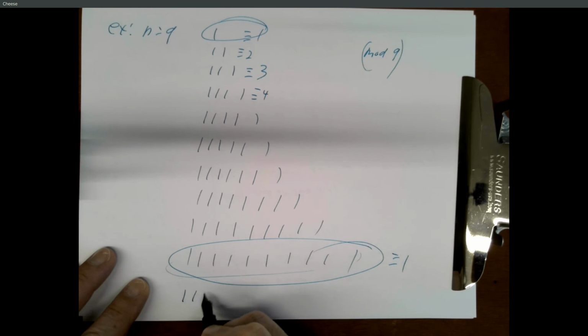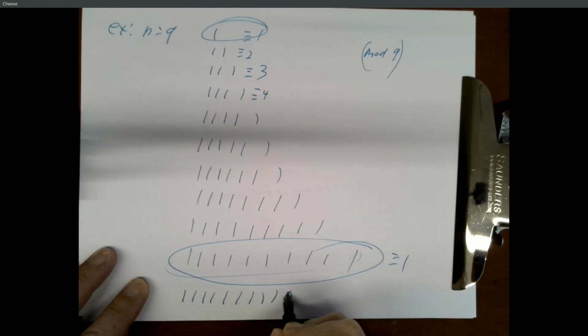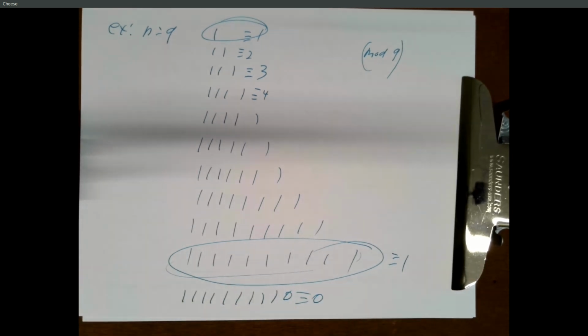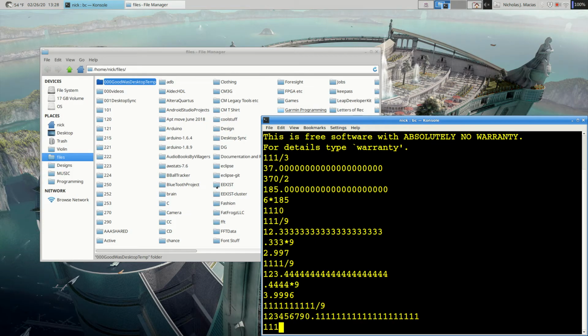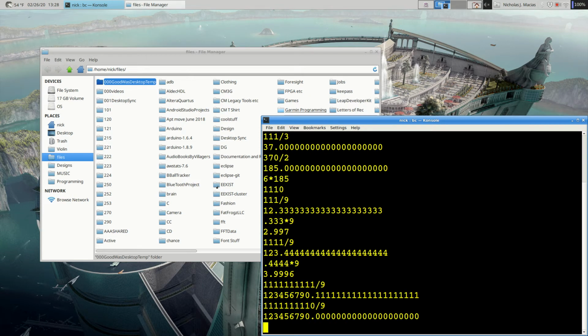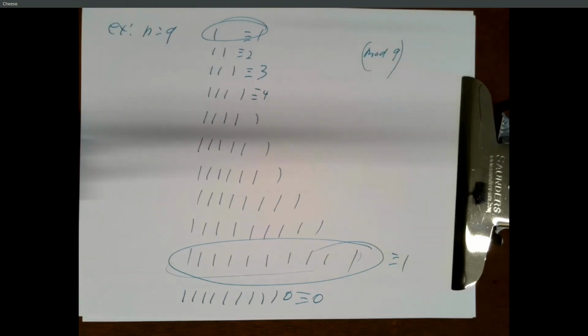If I subtract them, that should be congruent to 0. So it's 1, 2, 3, 4, 5, 6, 7, 8, 9, 0 times 9 is a bunch of 1s followed by 0. So that's kind of weird, right? But in a cool sort of way.